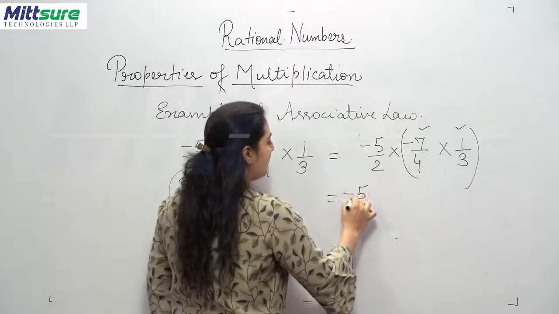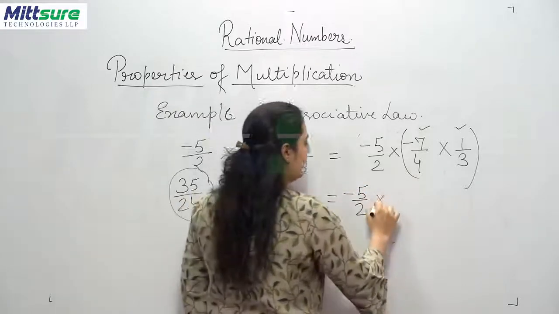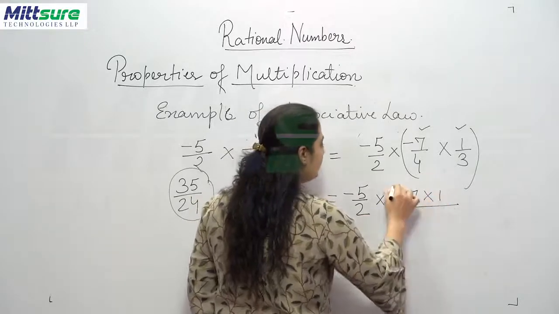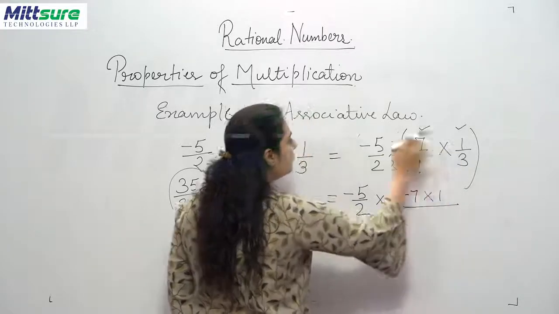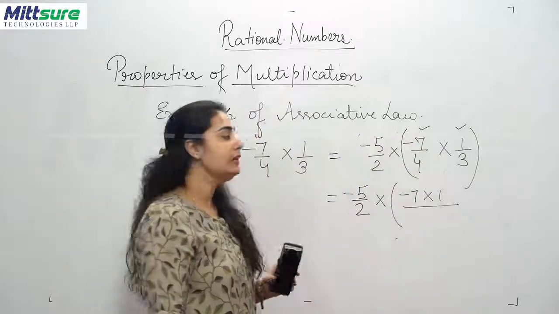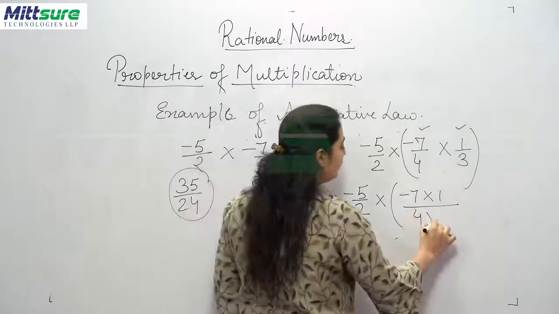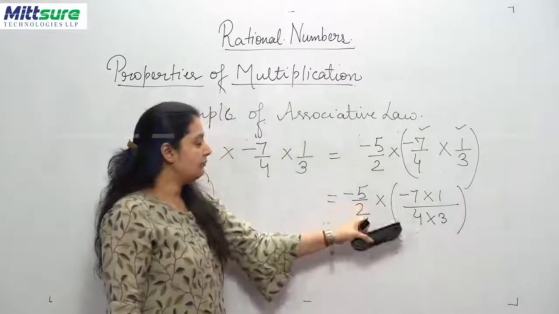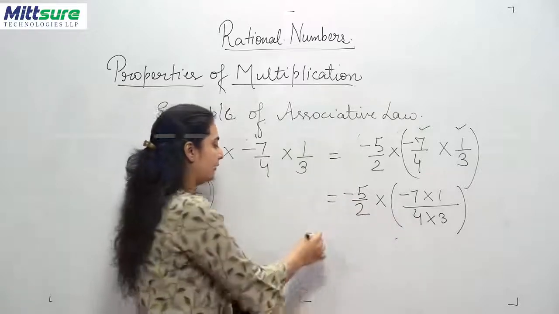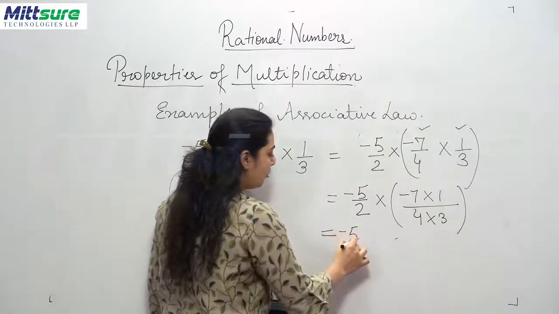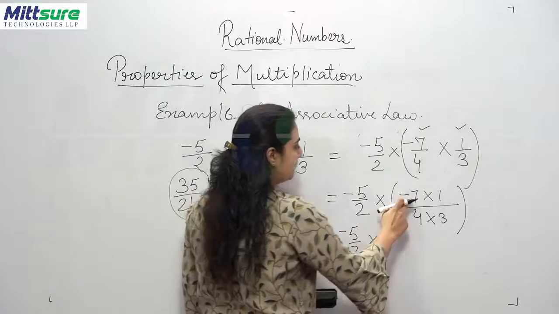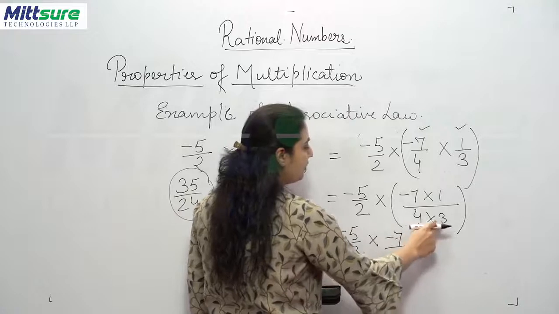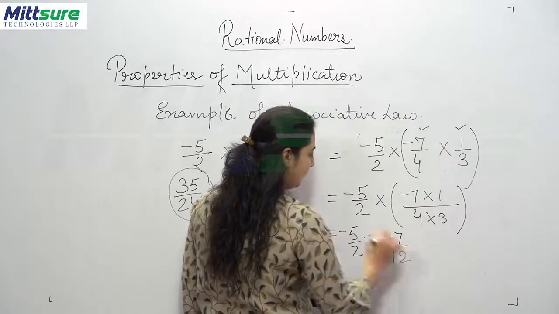So keeping minus 5 upon 2 outside the bracket, let's solve the bracket first. Minus 7 multiplied by 1, because these are the two numerators of the given rational numbers. Then 4 multiplied by 3. Clear? Now this is the multiplication order which we will get. Now minus 5 upon 2 multiplied by minus 7 into 1. So minus 7. 4 into 3 is 12.